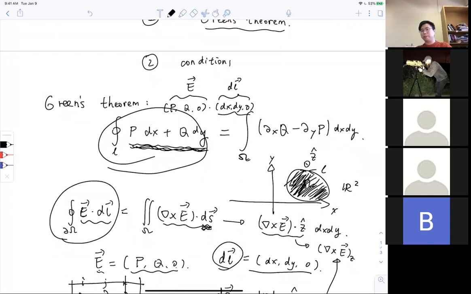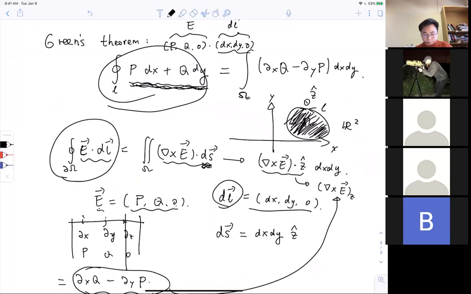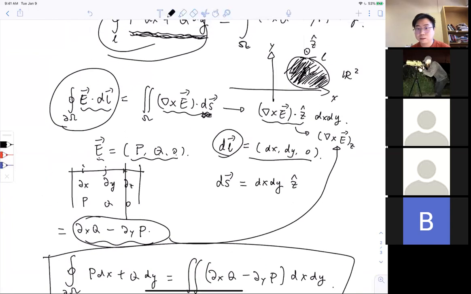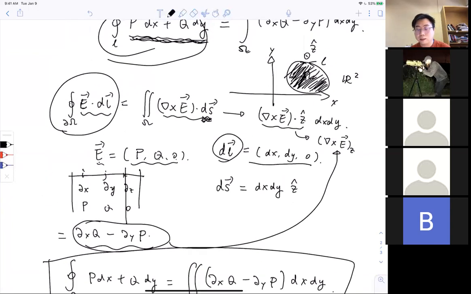It's 2 dimensions, right? Of course, we can also derive the Green theorem from the divergence theorem. So let's derive it from divergence. Previously we just derived the Green theorem from the Stokes theorem.